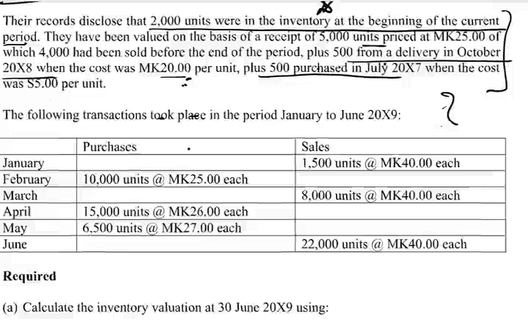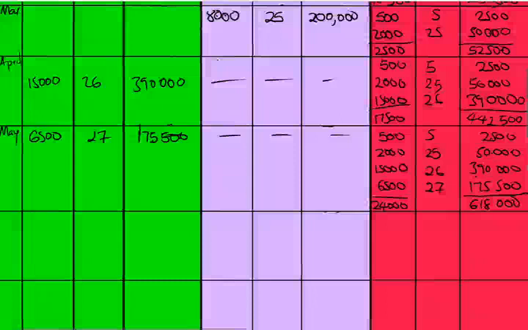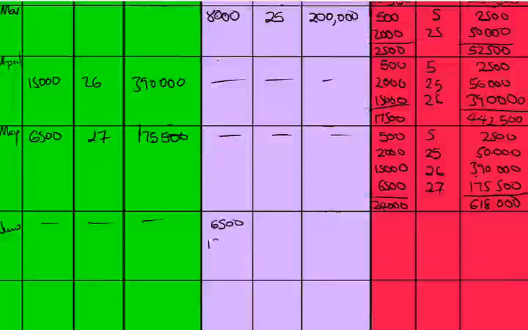Now let us wrap up in June. In June, they did not issue, but they sold 22,000 units. Because this is last in, first out, the first to go will be the 6,500. The 22,000 is not done yet. The 15,000 also goes. It's not done yet.